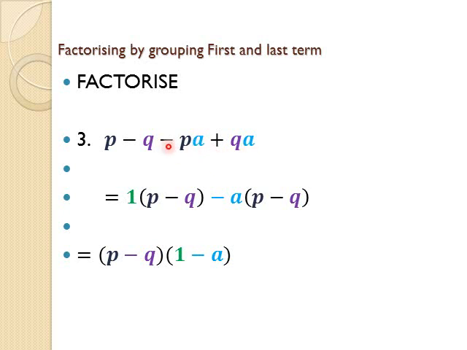But as I said, if the third term is negative, I take out the negative as well. So that becomes negative a. What am I left with now? Negative divided by negative gives me p. Positive divided by negative gives me negative. And there I'm left with q. Now you see p minus q and p minus q is the same. Take it out as a common factor and I'm left with 1 minus a. And I'm done factorizing. Let's look at the next one.